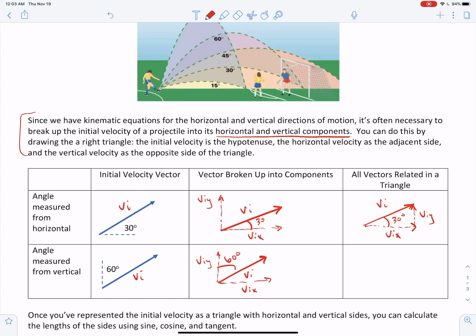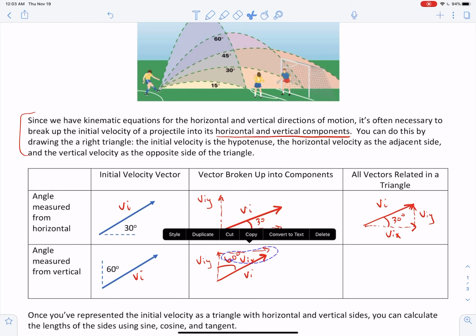So now I'm going to imagine that I could take this vector and move it. Imagine I could take this vector here and move it up to here and recreate a new triangle. So what would that look like?